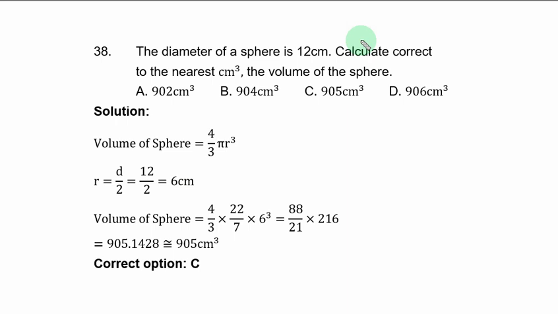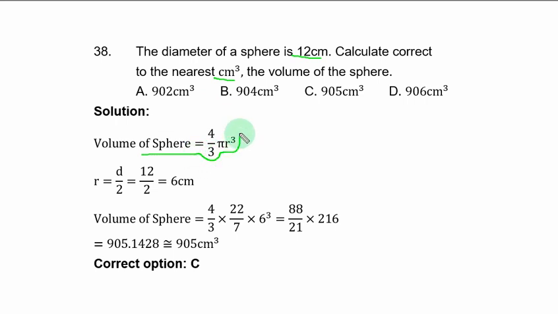Question 38. The diameter of a sphere is 12 centimeters. Calculate, correct to the nearest cube centimeters, the volume of the sphere. Volume of sphere is given by 4/3 pi r cube.